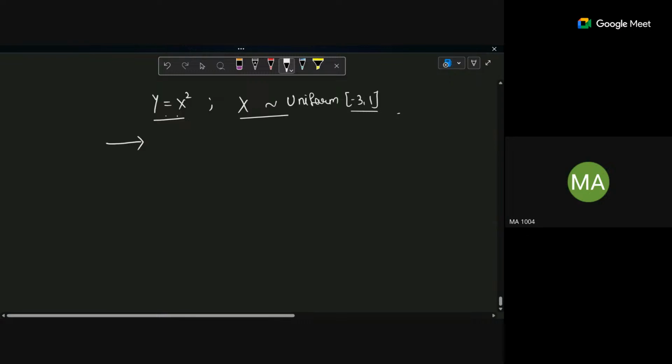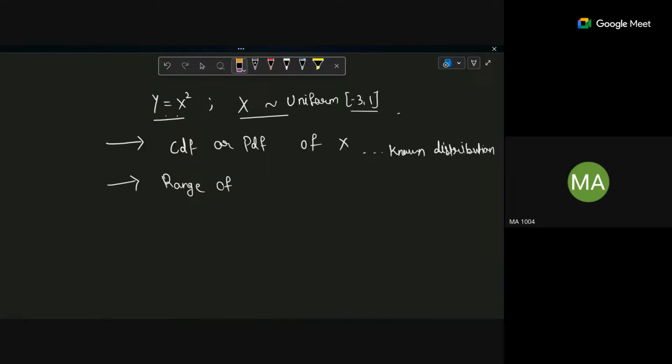The very first task is to calculate the CDF or PDF, whatever you are comfortable with, of x, a known distribution. Once you have done that, the next step is to find the range of y.